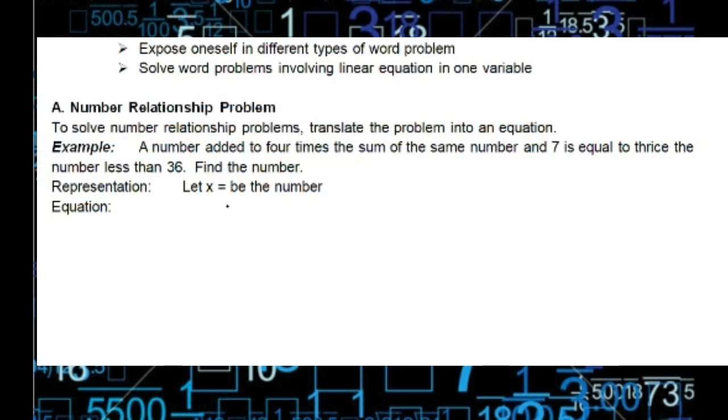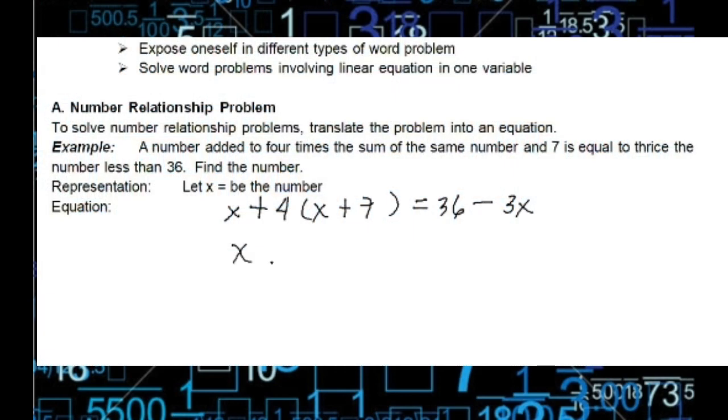A number, x, added to 4 times the sum of the same number and 7 is equal to thrice the number less than 36.